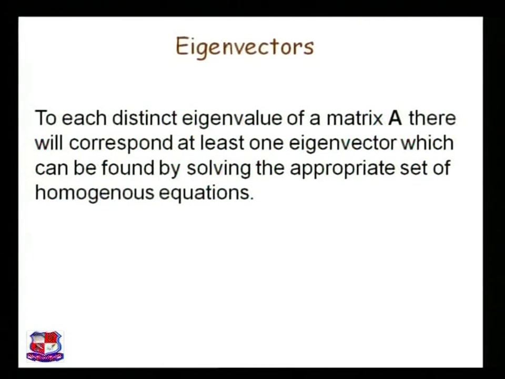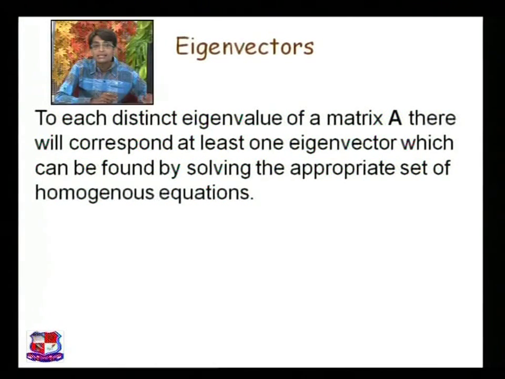And now let us look at some deeper things for the eigenvectors. To each distinct eigenvalue of matrix A, there will correspond at least one eigenvector which can be found by solving the appropriate set of homogeneous equations. So now we are moving to how to find eigenvectors, right?